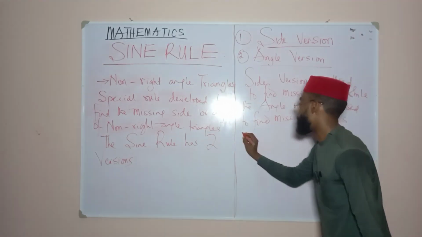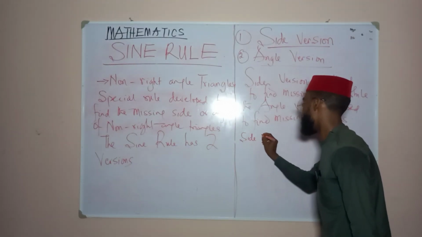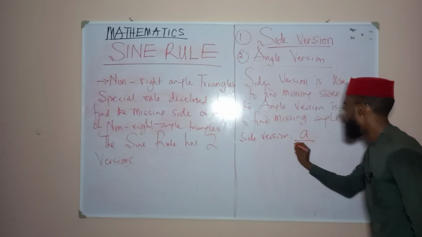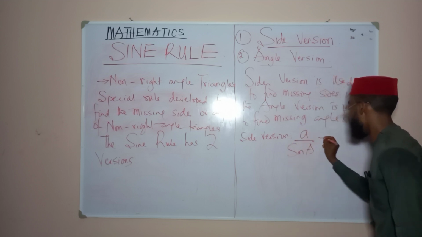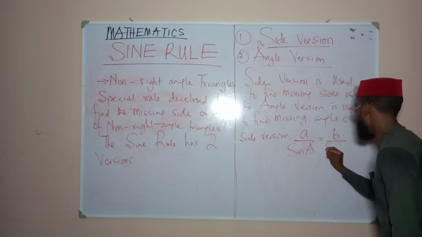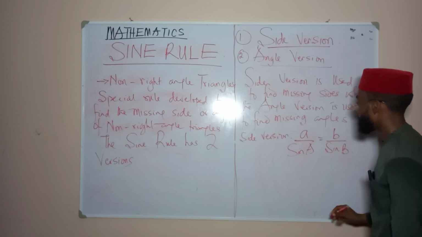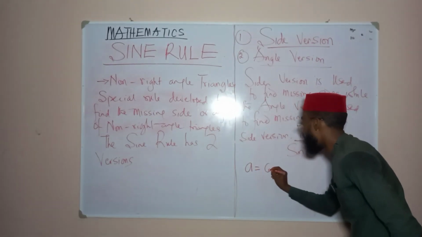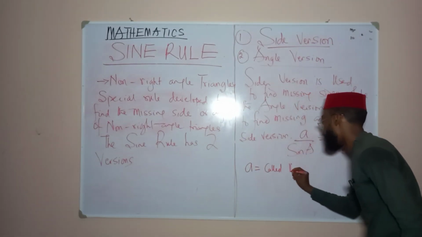Now, the side version is quoted thus. This is how the side version looks: a over sine A is equal to b over sine B. I'm going to define what the small a is. Small a is always the side you are looking for.